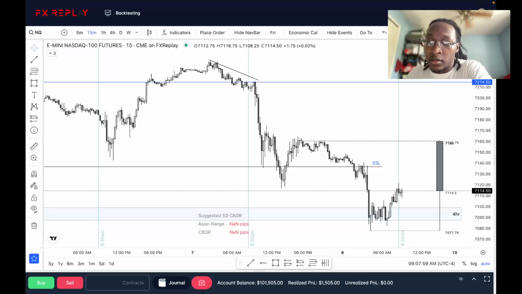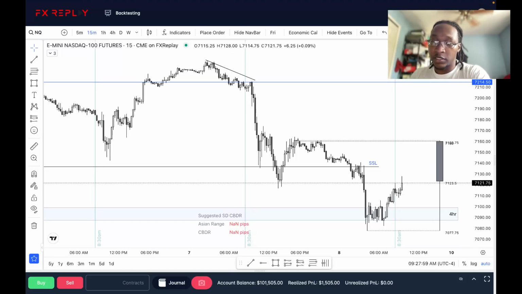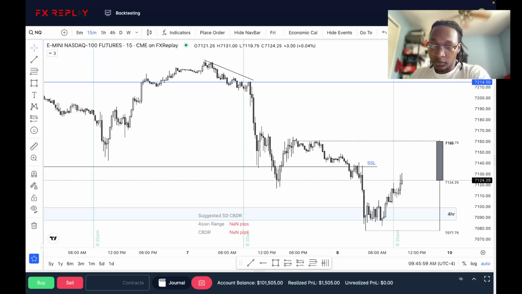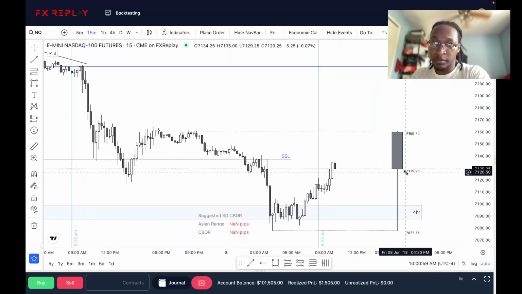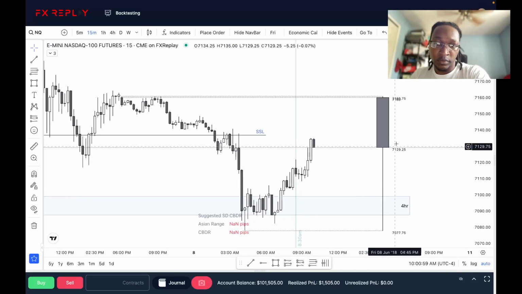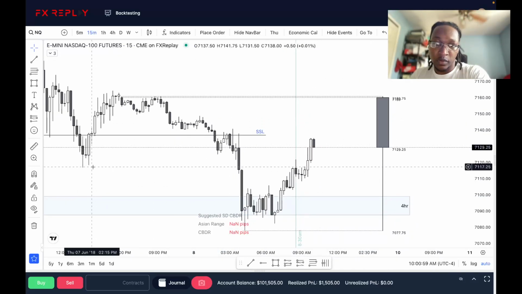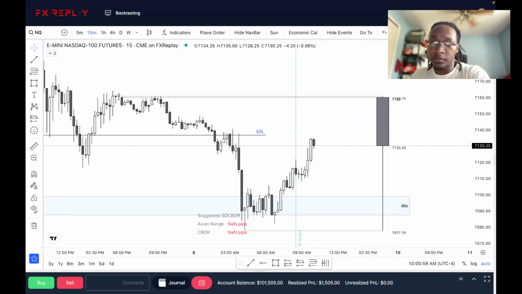So this is 9:15, 9:30. Start pushing higher a little bit more. This is 10 a.m. Run south side. No inefficiencies left open on the 15 minute.